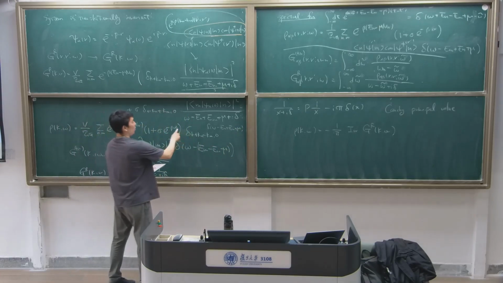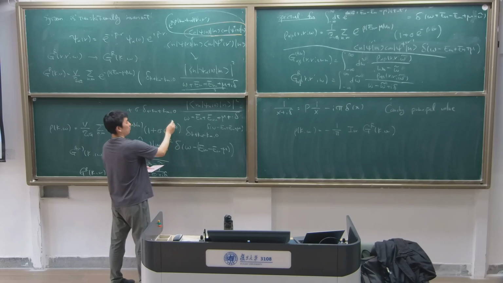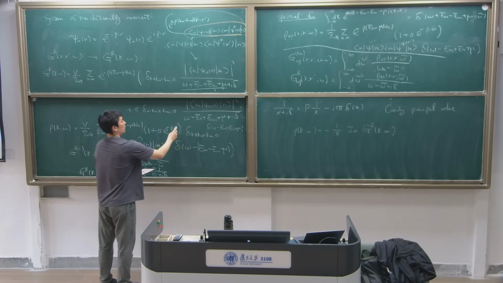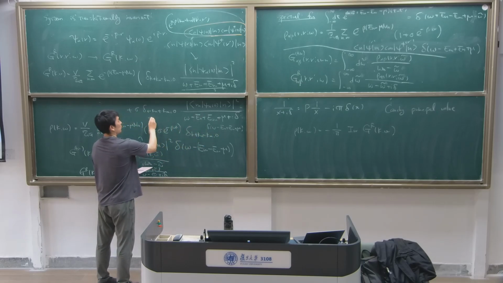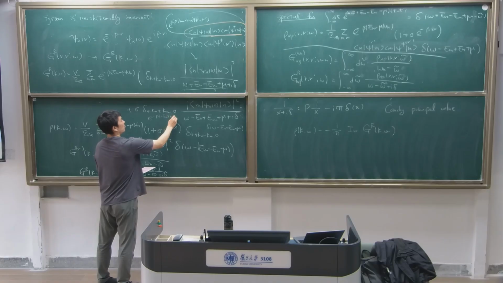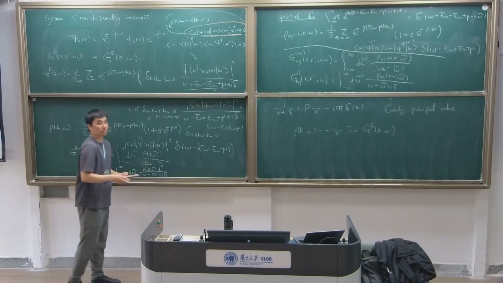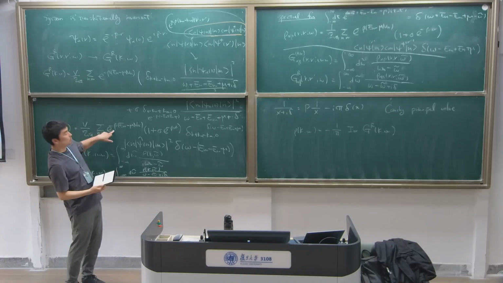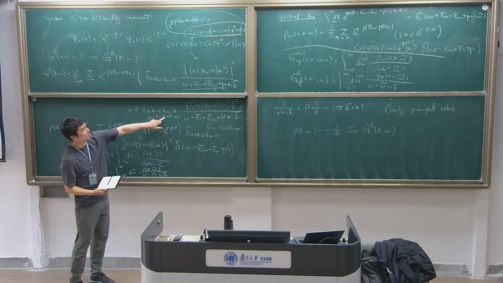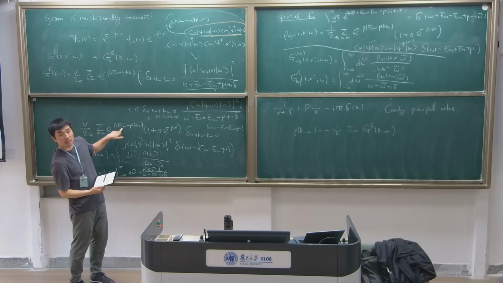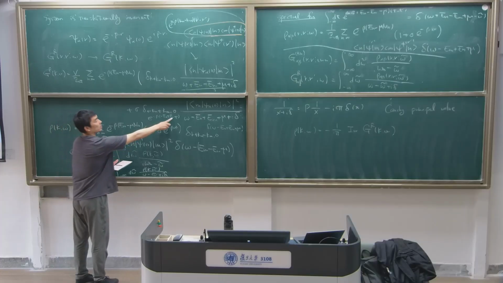If you plug this one into here, you get e to the minus theta plus en plus en plus mu. If you multiply this one, this minus en cancels with this en, so what's left is this one.